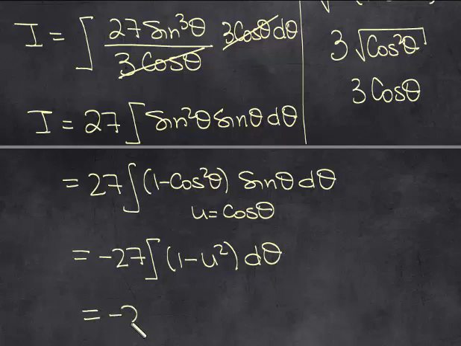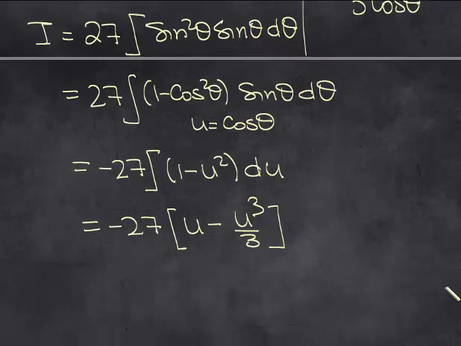So we'll end up with negative 27 times, not theta, this should be what? U, correct? We did a u substitution. Okay. So the integral of 1 is just u. The integral of u squared is what? U cubed over 3. Change it back to theta.